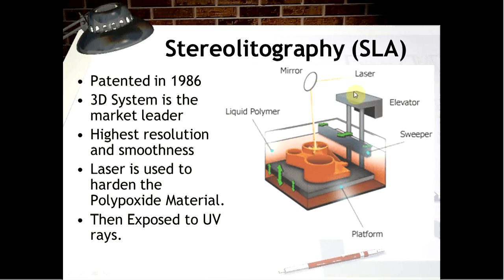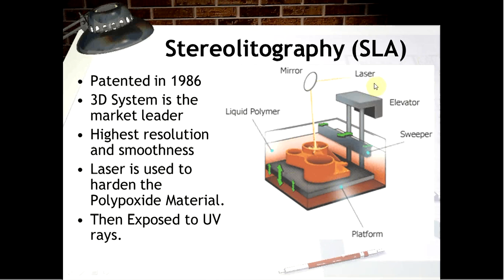So the laser is used for solidifying the polyepoxide material. As it solidifies, the material is created, and then this platform will go down after some time, and the next layer will be created through the laser.